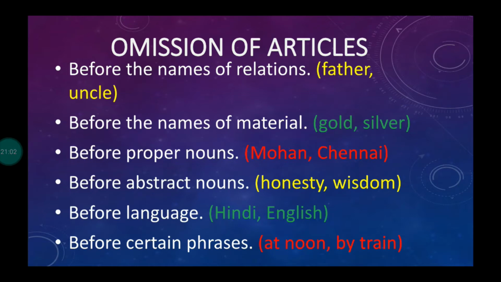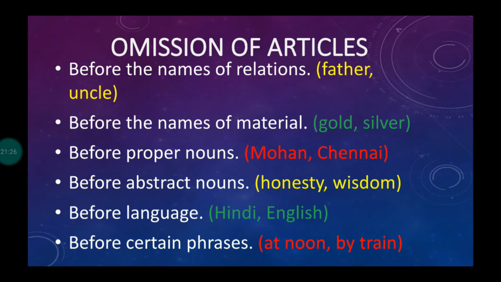Then before proper nouns also. Before names of people like Mohan, Chennai, Mumbai, Delhi, Bengaluru, we do not say the Mohan, the Chennai, the New Delhi. We do not use the before proper nouns. Then another thing is also before abstract nouns, you don't say the honesty, the wisdom, the beauty, the love, the anger, the sorrow.